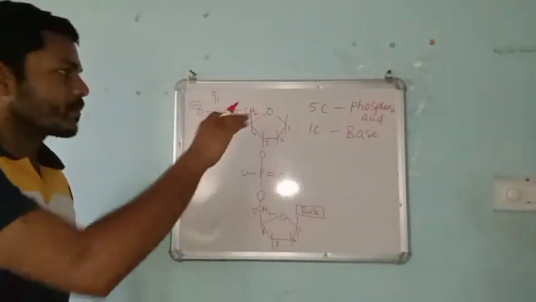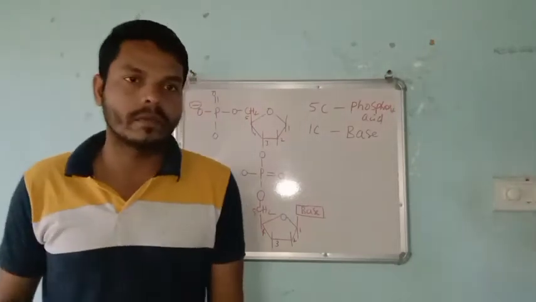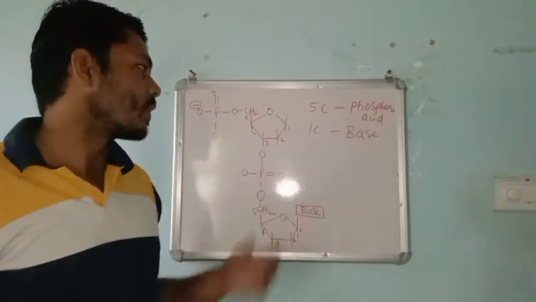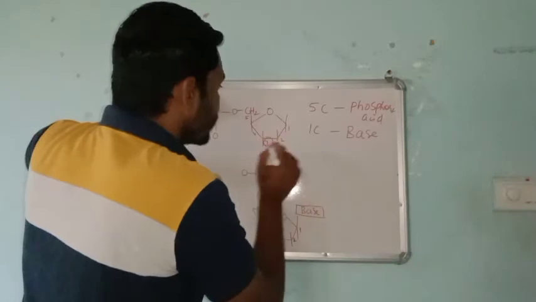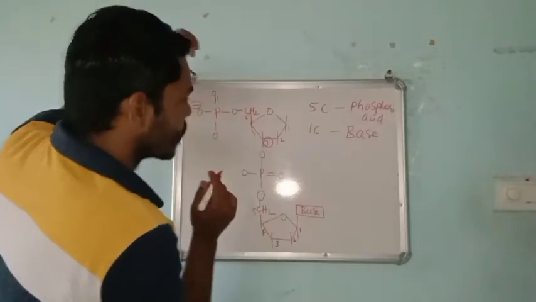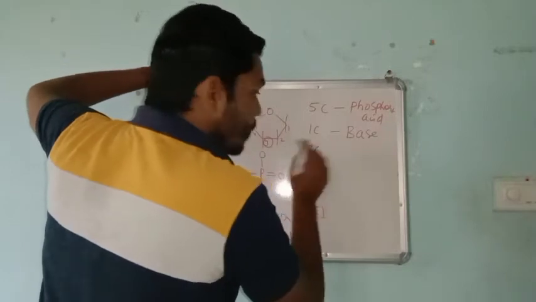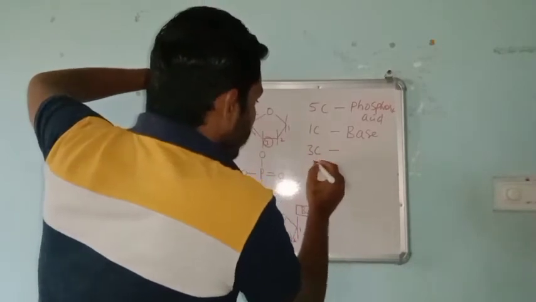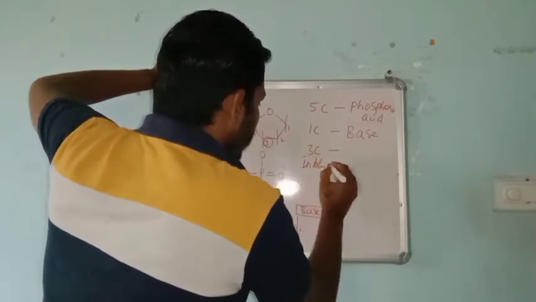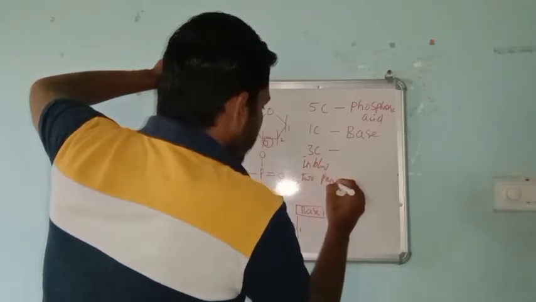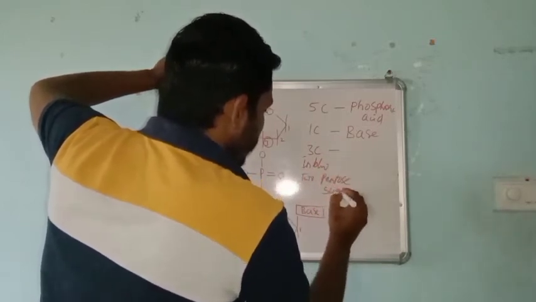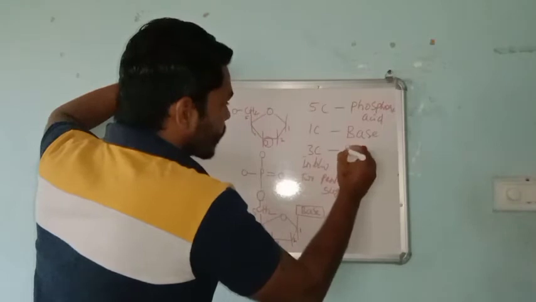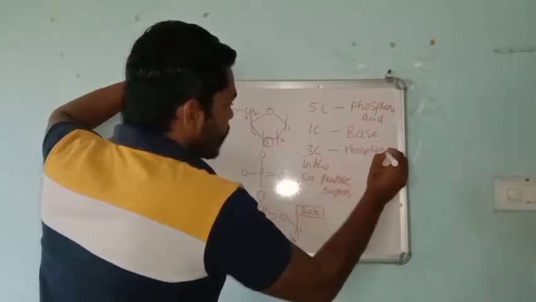So this is just an overall idea about the nucleotides, right? You remember this point. And one more thing we left over here: in between the pentose sugars, at the third carbon atom, there will be a bridge between these two. The third carbon atom in between two pentose sugars will again have phosphoric acid.